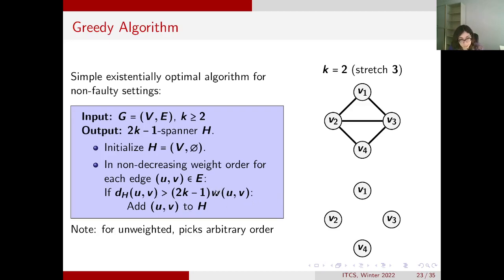If that's the case, then we don't need this edge, so we ignore it. Otherwise, we add this edge. And if you have an unweighted graph, the ordering of edges being processed can be arbitrary.